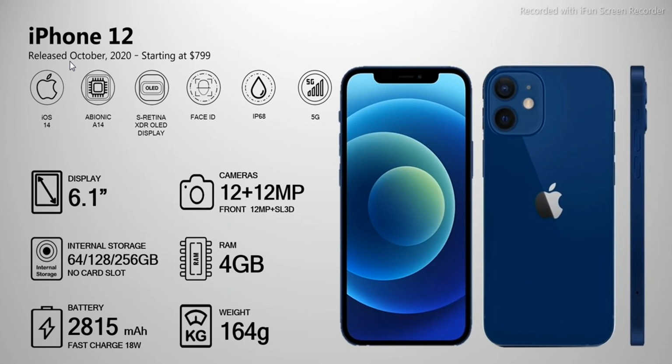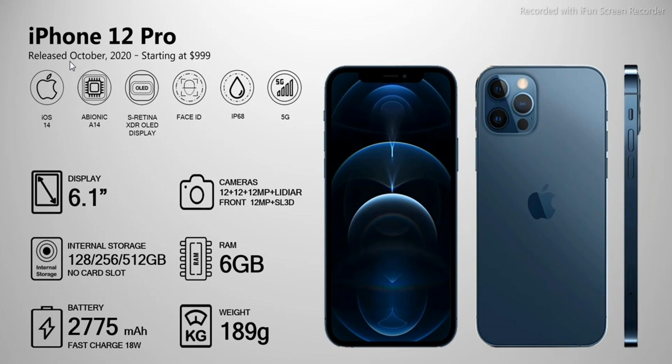Next, iPhone 12, October 2020, same as the previous one. Next, iPhone 12 Pro, release date of this mobile October 2020. Price of this mobile is $999, and Apple A14 chip, IP68 dust and water resistant, 5G capabilities, 6.1 inch display.